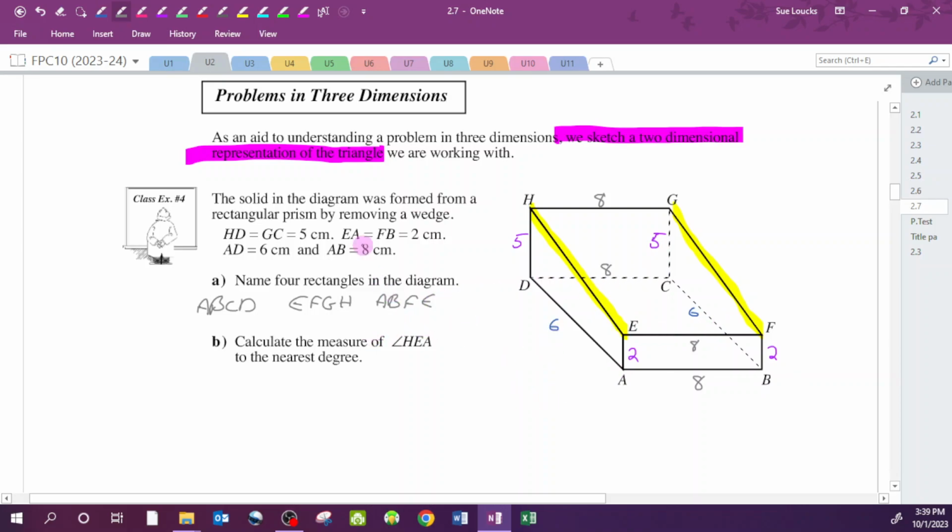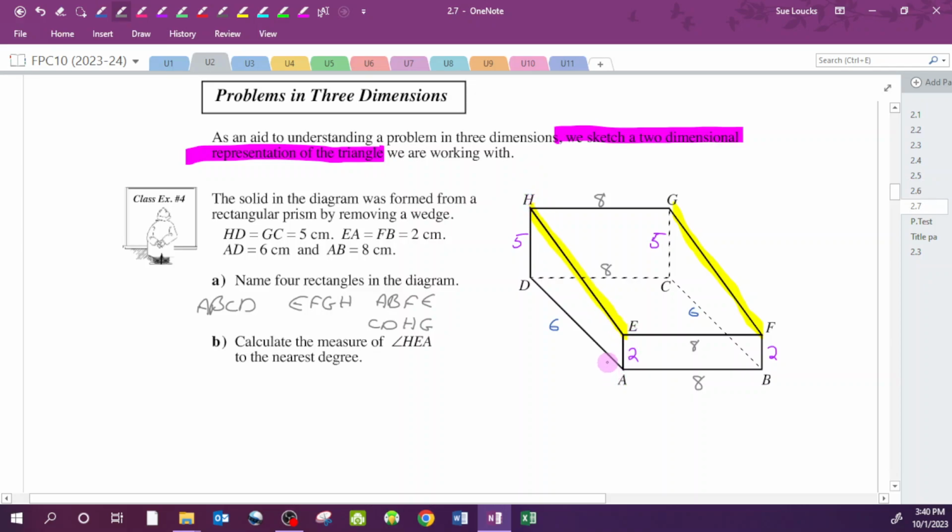And then we have the rectangle at the back, which I'm going to call CDHG. Okay, so those are our 4 rectangles.